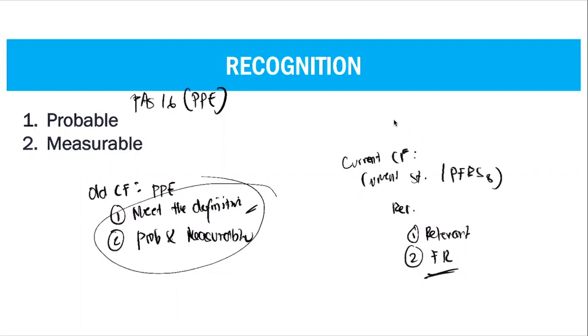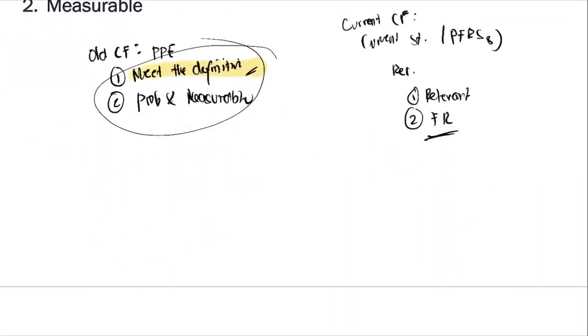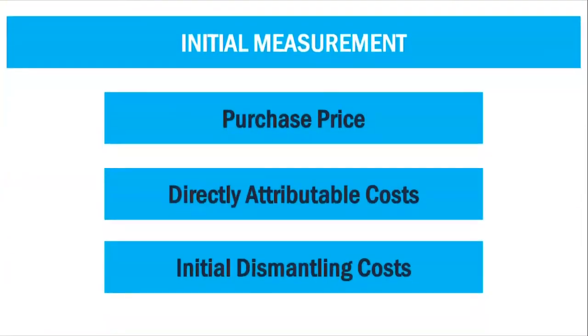So halos pareho lang din sila, yun nga lang, nagbago na because of our new conceptual framework. Okay, so for recognizing property, plant, and equipment, we still follow our old standard, PAS 16, probable and measurable. But before we can say it is PPE really, it must meet the definition of a PPE, and the main characteristics of a property, plant, and equipment are present into that particular property.